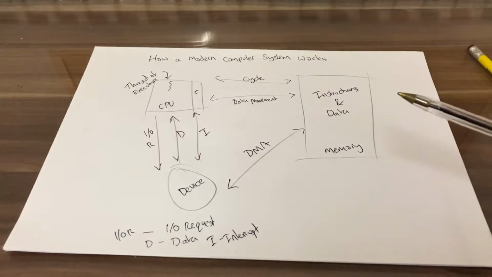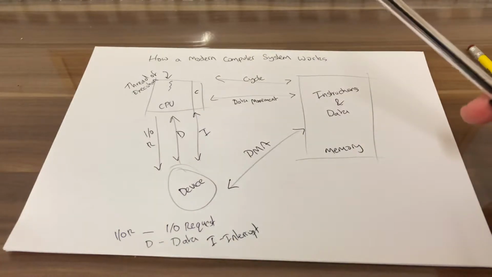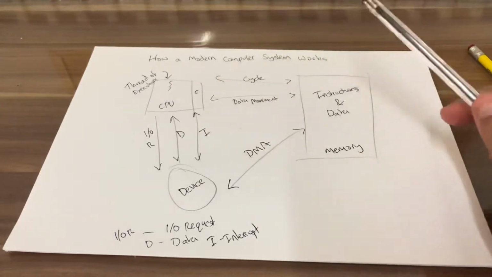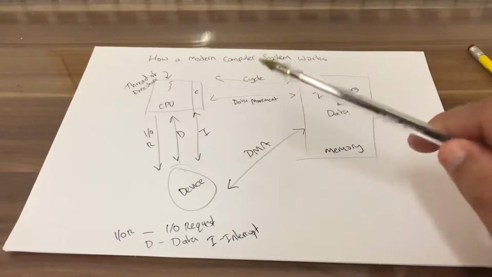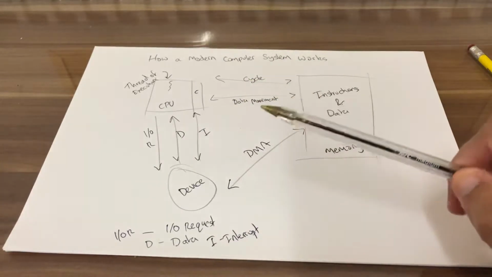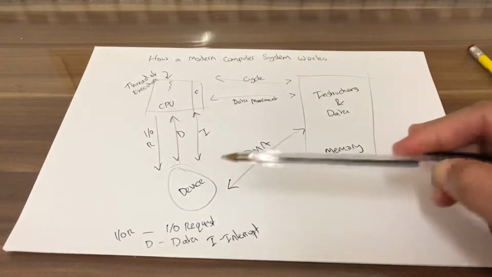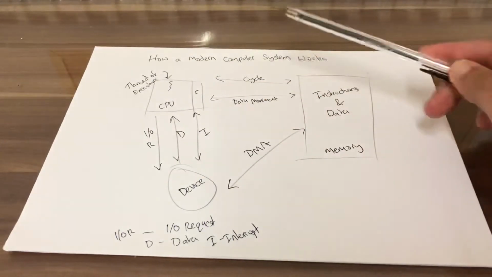Only one interrupt is generated per block to tell the device driver that the operation is done and thus it has been completed, rather than the one interrupt per byte generated for low-speed devices. While the device controller is performing these operations, the CPU is available to accomplish other work.